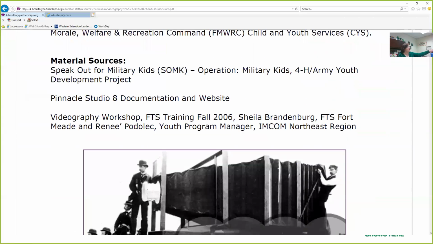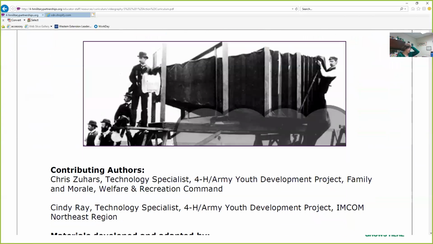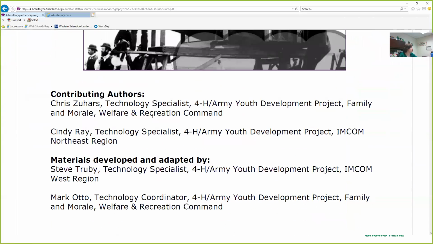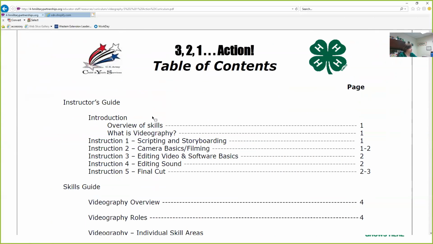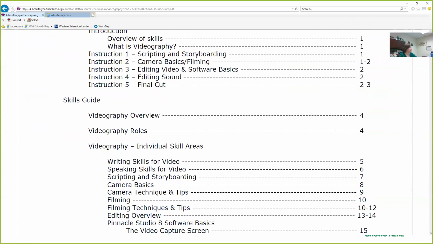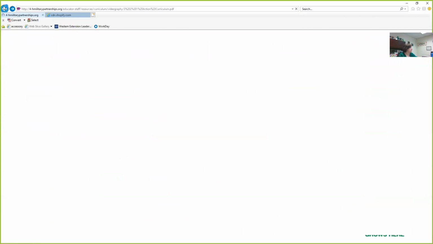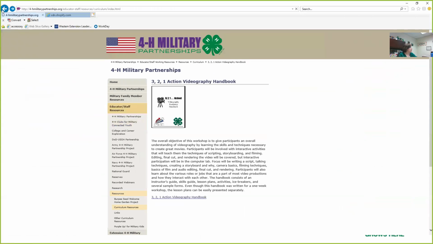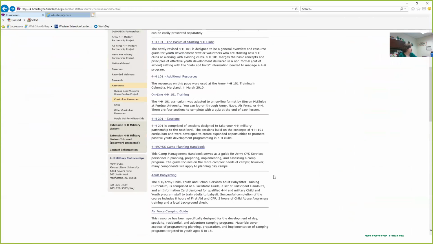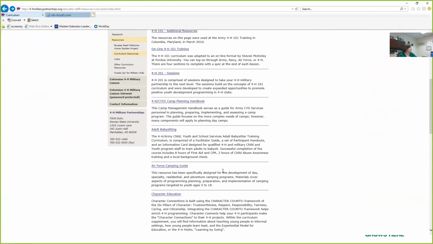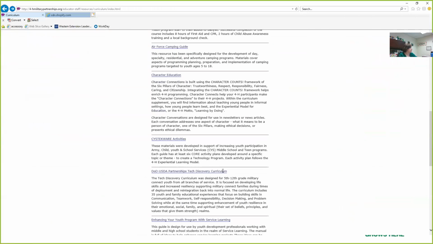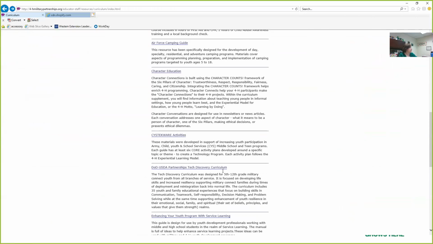So you can see it's got references, it's got contributing authors, and then here are your instructor guide, your skills guide. So it's got most everything that you're going to need. Let's see, it's got adult babysitting. It's got some stuff on character education. There's just a ton of resources that we forget are available.